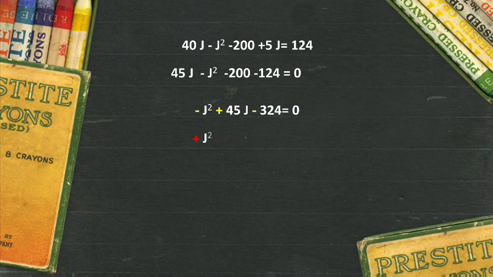Then the next step, I've written J square minus 45J plus 324 is equal to 0. If you notice the last step and the previous one, the signs in red and yellow: the negative sign becomes positive and positive signs become negative.